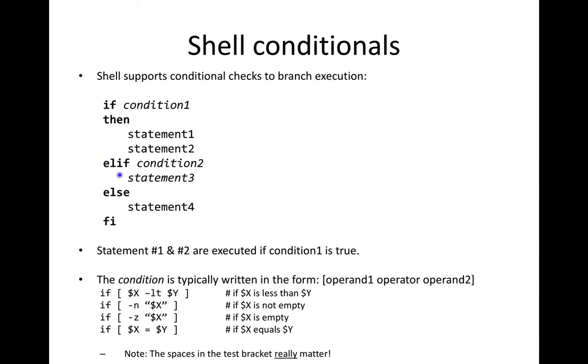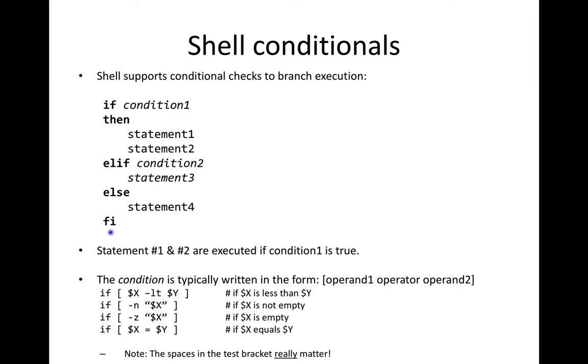We can include else if statements. So if this condition is not true, then evaluate this condition next, and then run these statements if that's true. If that condition isn't true, then we can default to an else block where it will finally run all of these statements.